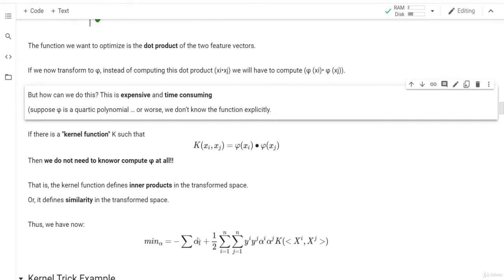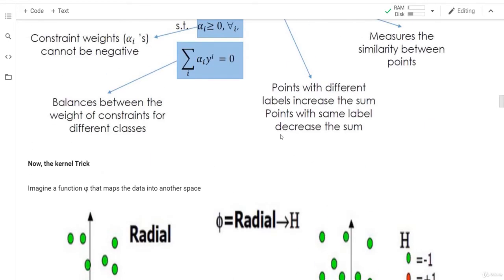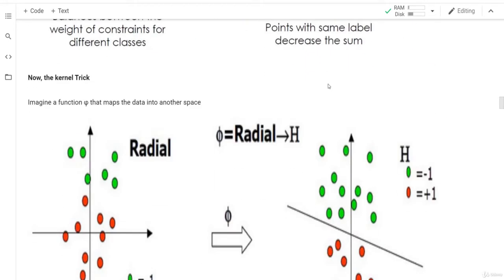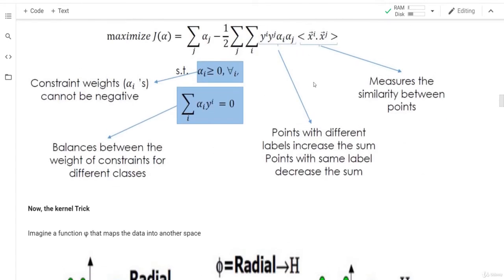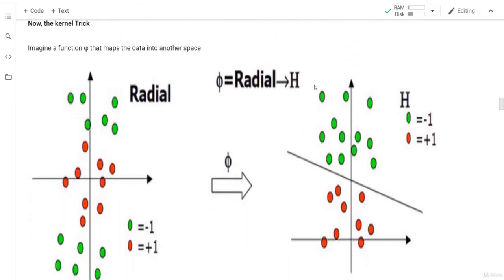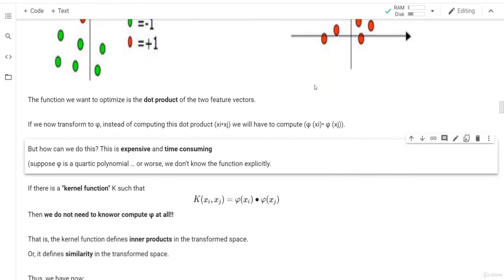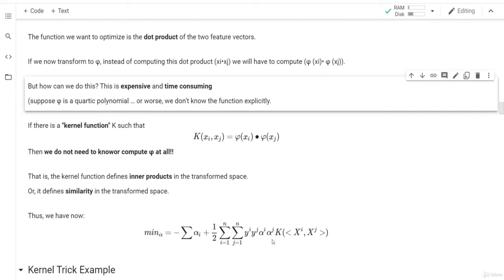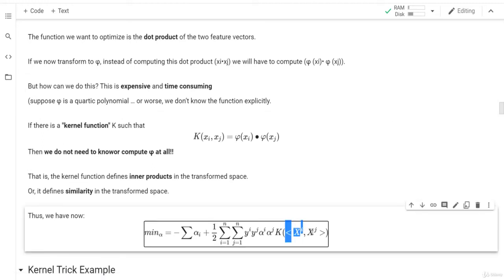So using this kernel trick, instead of computing phi each single time, or computing the transformation function each single time, we will compute this equation, the kernel of xi xj. We are going to compute xi xj just like before. This is a given.